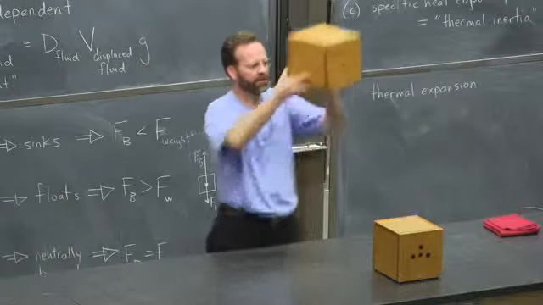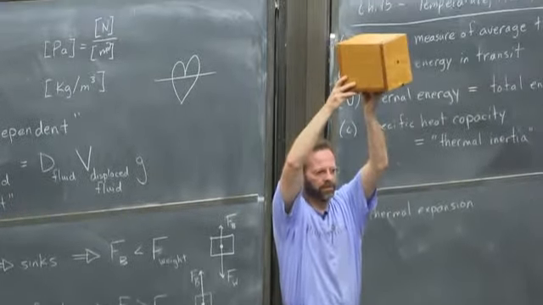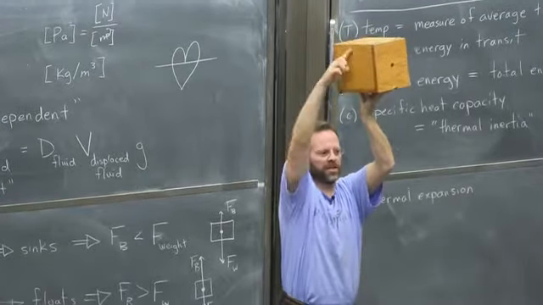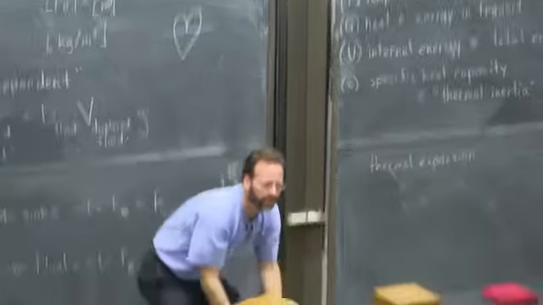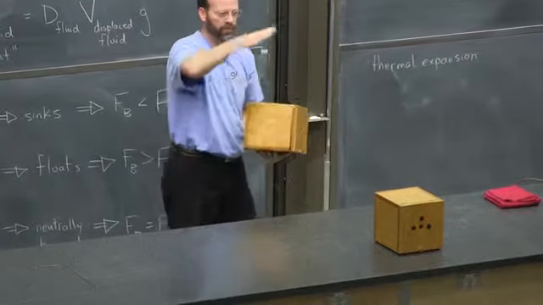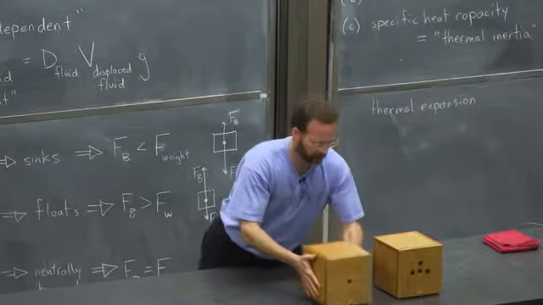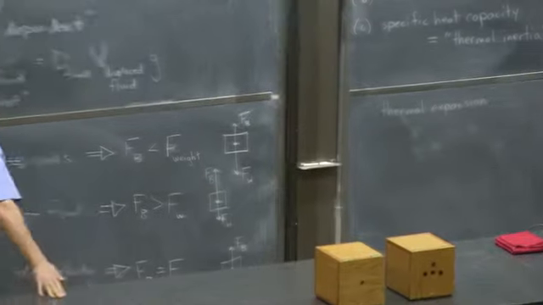It doesn't matter if I was here, there's less pressure on both surfaces, correct? But the difference is the same. And if I'm down here, the difference is still the same even though both pressures have increased because we're deeper. So that difference is the buoyant force, one way to think of that.